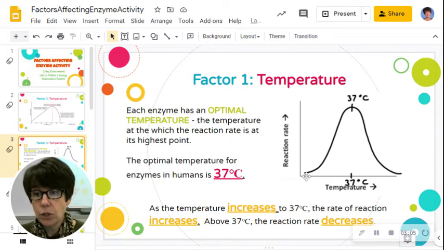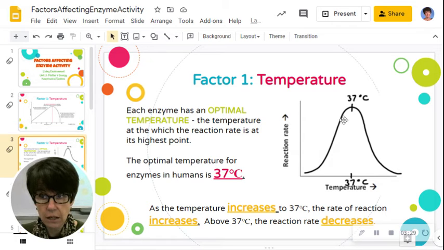And now, this is the word form of what's happening in the graph. As temperature increases until we get to 37, the rate of the reaction increases. But above 37, the reaction rate decreases.